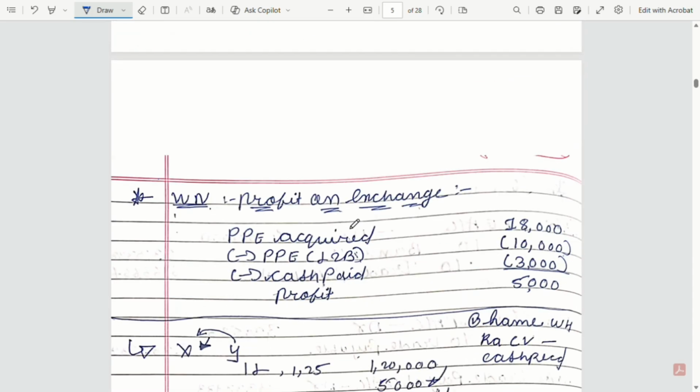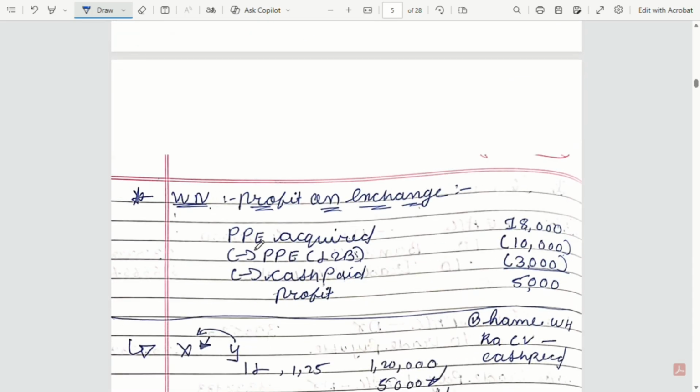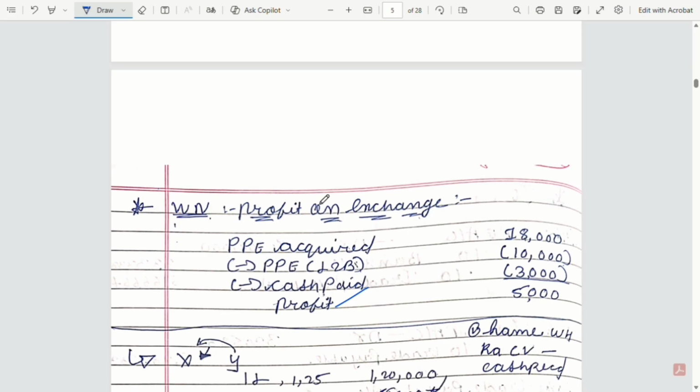Also we can record profit अलग से भी, कि हमने इतना acquire किया, हमने ये वाला land दिया, फिर हमने cash भी इतना दिया है, तो हमें इतने का profit मिला. वैसे तरीके से भी we can give अलग से working note profit का. ठीक है.